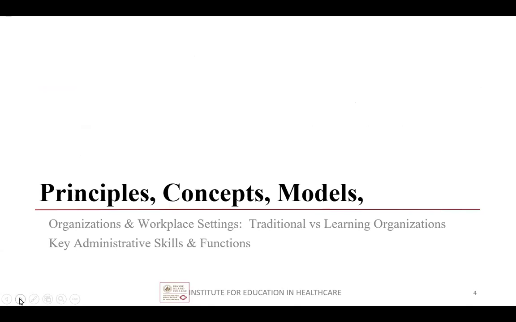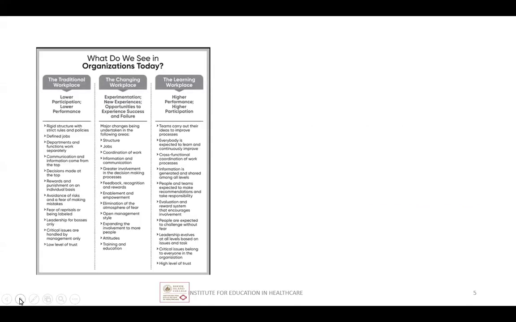Let's start with principles, concepts, and models: organizations and workplace settings, traditional versus learning organizations, and key administrative skills and functions. A graphic taken from Kevin Bull's article, Transforming a Traditional to a Learning Organization, gives us insight into the traditional organization that is top-down, command and control, and title and job description driven.